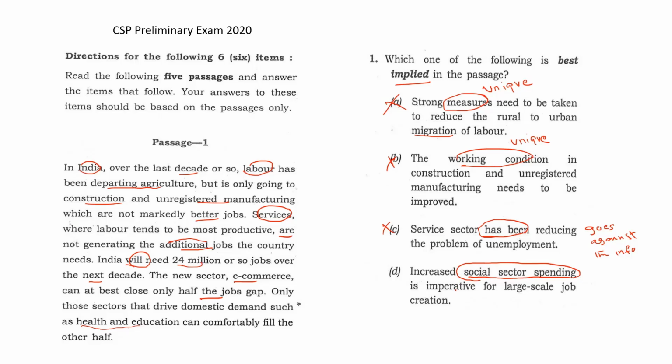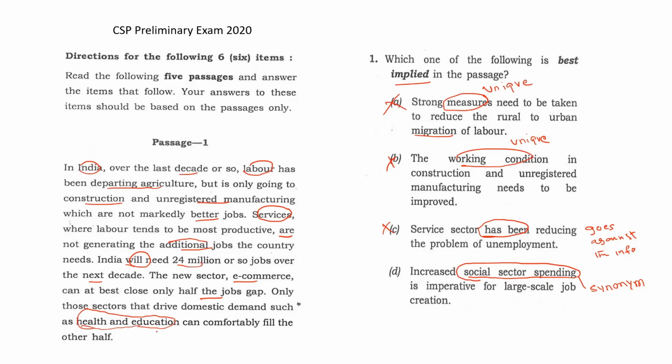You know what's the meaning of social sector? Health and education come under social sector. So this is a synonym of health and education, or health and education are just part of the social sector.